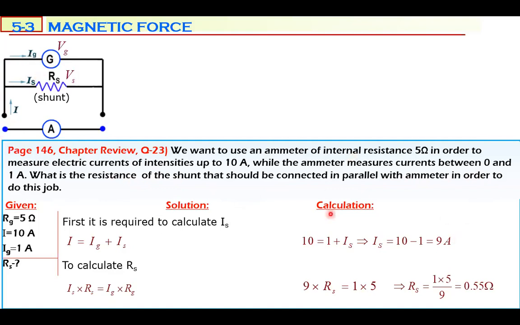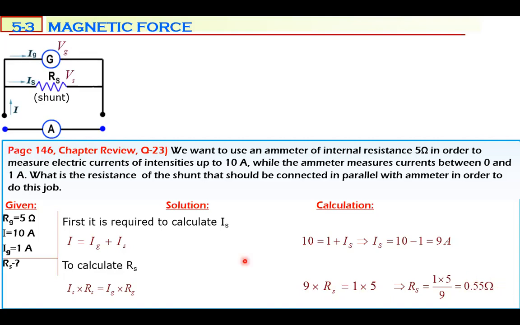After that, you use the equal potentials on the galvanometer and the shunt: I shunt times R shunt must be equal to Ig times Rg. I shunt is 9 ampere, Ig is 1 ampere and Rg is 5 ohm, so 1 times 5. If we divide both sides of this equation by 9, we get the shunt as 0.55 ohm.